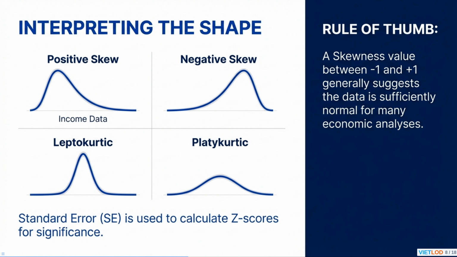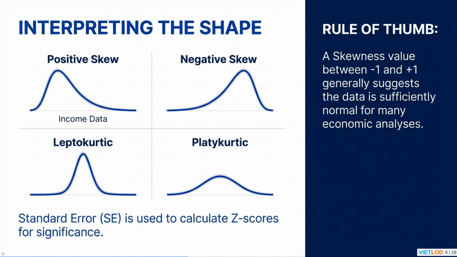Kurtosis measures the tailedness or peakiness of the distribution. A leptokurtic distribution is tall and thin with heavy tails, often implying more outliers, while a platykurtic distribution is flatter and wider with lighter tails. To formally assess if our skewness or kurtosis values are statistically significant, we can calculate a z-score by dividing the statistic by its standard error.